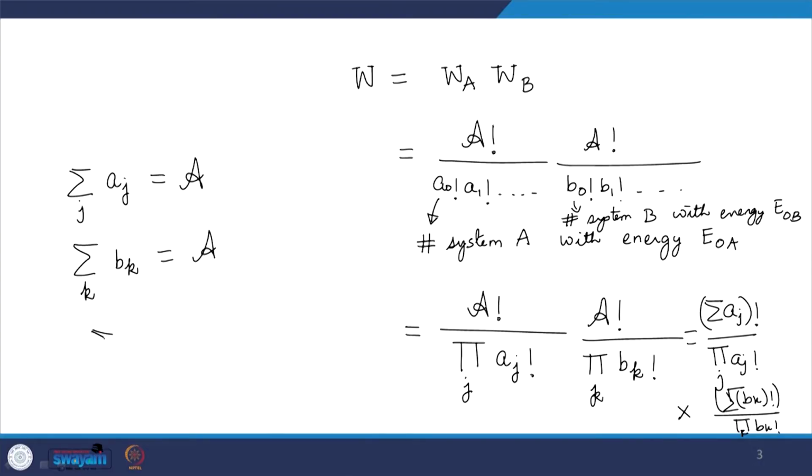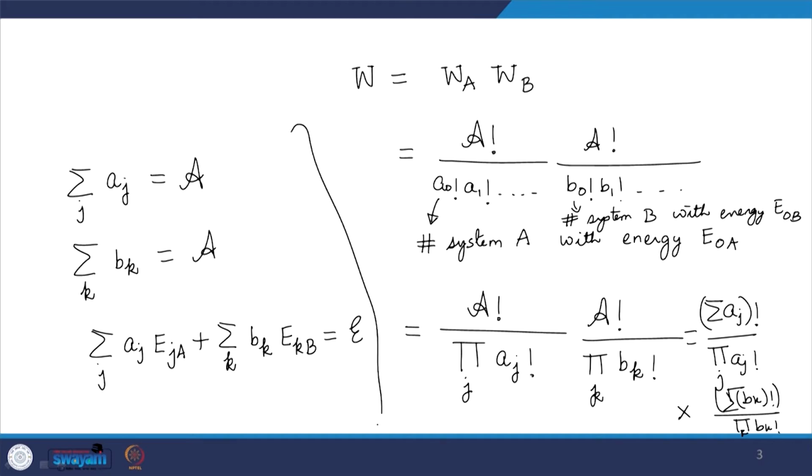So, the energy of A and B in close contact we can write as the summation over j of A_j E_jA plus the summation over k of B_k E_kB, and the entire ensemble can again be thought of as an isolated system.